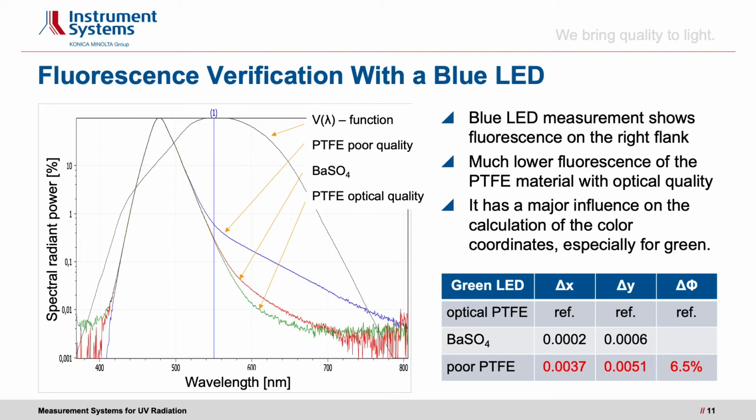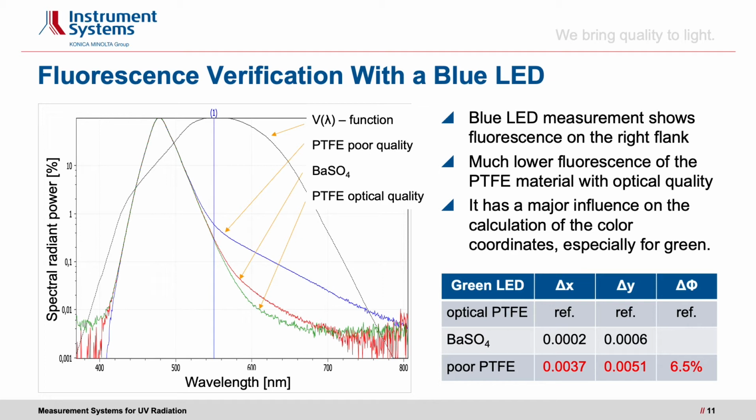In comparison of the PTFE material with poor quality to the optical quality PTFE material, we see much lower fluorescence of the optically best PTFE material, even less than the barium sulfate, which is actually limited mainly to the visible range.